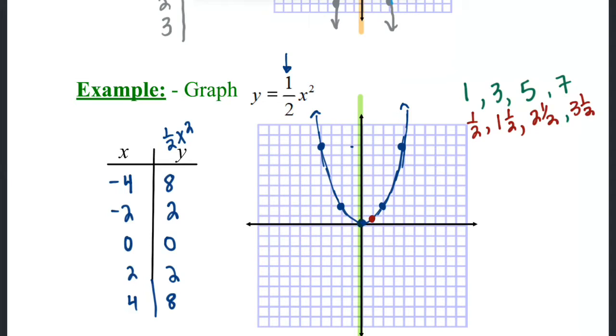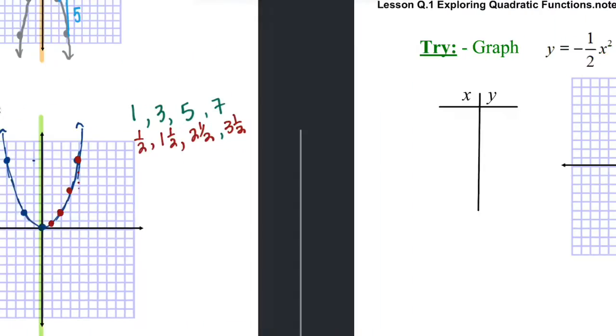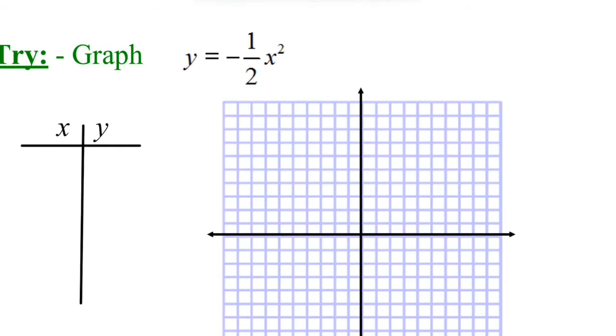So we're going to go right 1, up 1/2. Right 1, up 1.5. Right 1, up 2.5. Right 1, up 3.5. So you can see more points when we use the 1-3-5 rule than when we just make a table of values. In the next videos, we're going to practice the 1-3-5 rule with an a value other than 1.